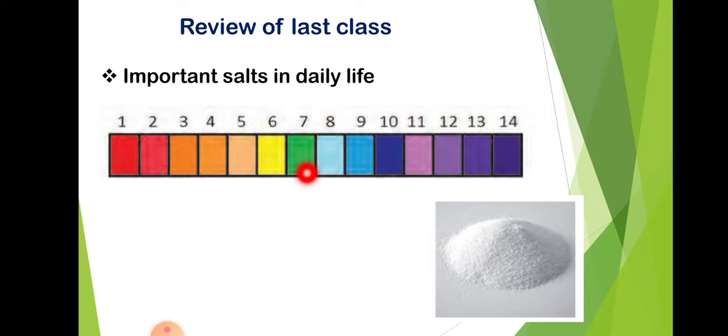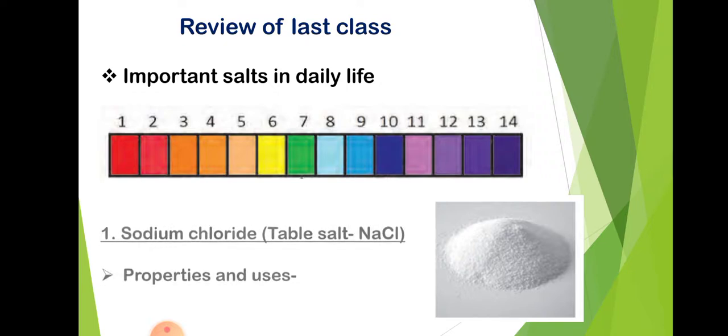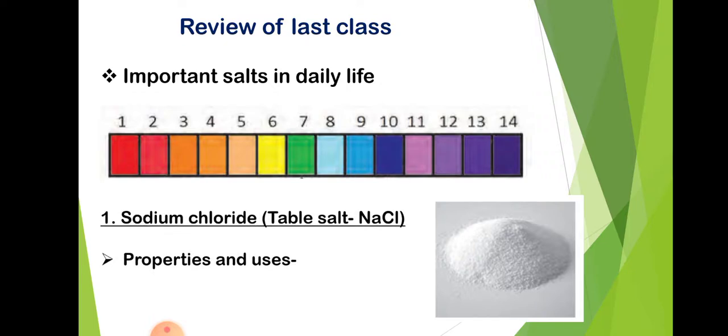If the salt has a pH value less than 7, then it is called what? Acidic. And if the salt has a pH value greater than 7, then it is said to be basic in nature. Then the first salt which we have seen is sodium chloride.